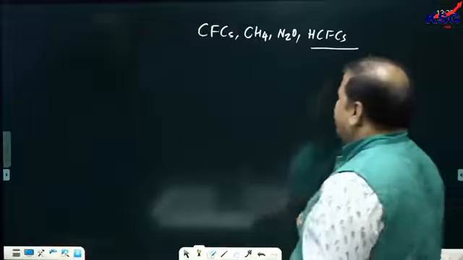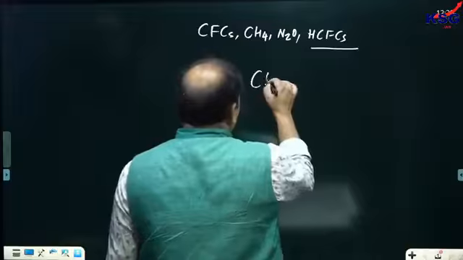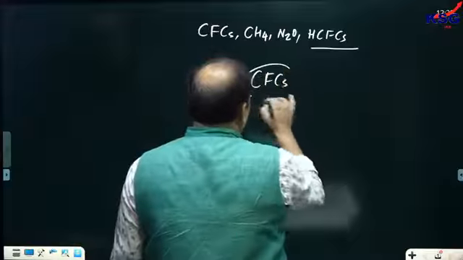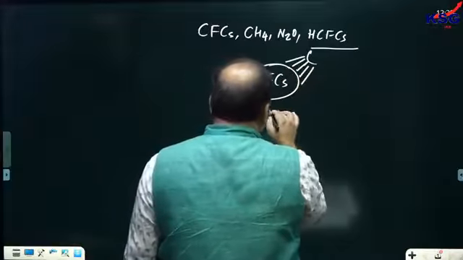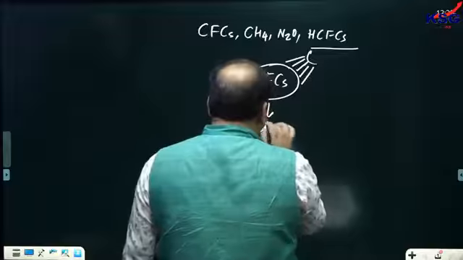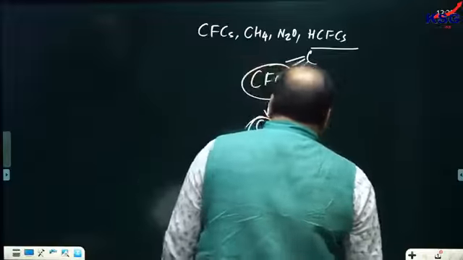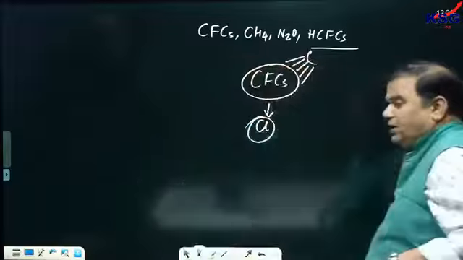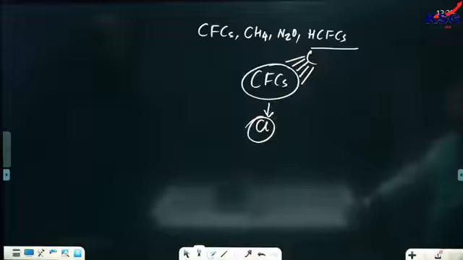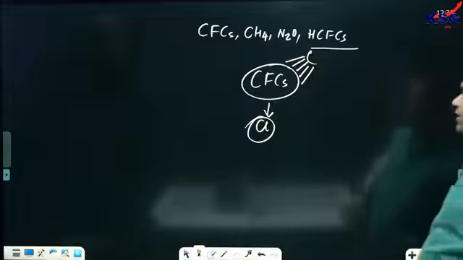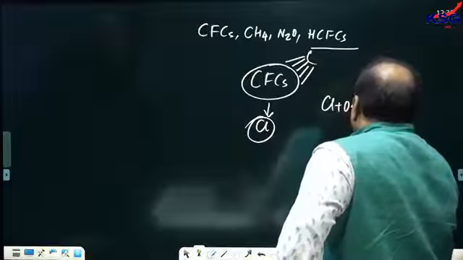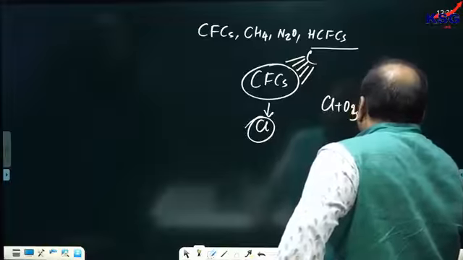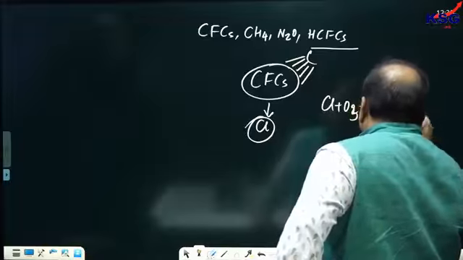But CFC under the influence of solar radiation would be emitting chlorine. And this chlorine is nothing but a free radical catalyst. Now this would be responsible for the damage. And how is the damage done? Chlorine would combine with O3 to form ClO plus O2.